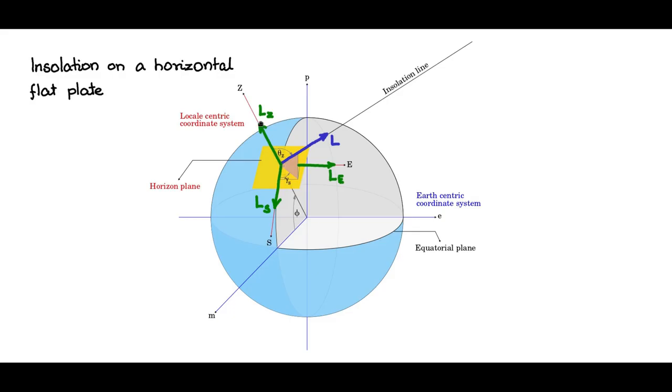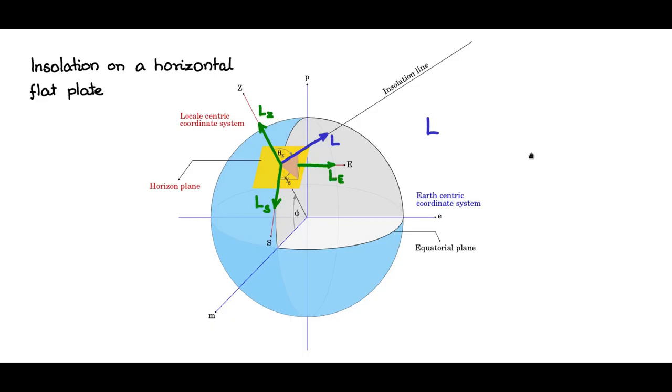Observe that LZ is vertically up, normal to the horizon plane, and therefore if there is a horizontal flat plate placed at the locality, LZ alone is normal to the horizontal flat plate. So it is very important for us to find the value of LZ, and that will give us the effective insolation at a place on a horizontal flat plate collector.